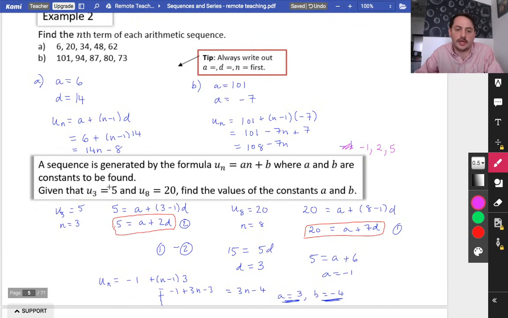Look, the third term is 5, which is good. And you can just keep thinking to yourself if we go up to the 8th one. So it's the 3rd, the 4th, the 5th, the 6th, the 7th, and the 8th one. So we've got it right. There's the third term, which is 5, and there's the 8th term, which is 20.